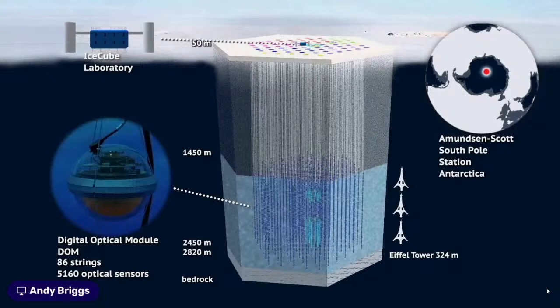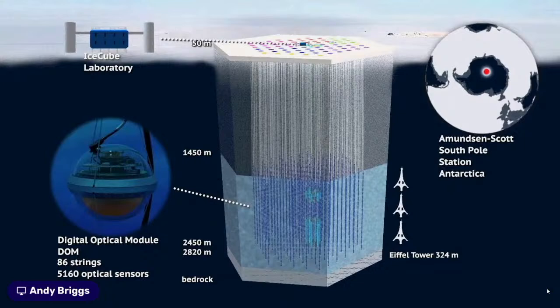Now, they're there to detect neutrinos. These ghostly particles, which are very mysterious, coming from the depths of space. They're very difficult to detect because neutrinos pass through matter as if it just weren't there. It's often said that a single neutrino could pass through a sheet of lead 30 light years thick and not even notice it.